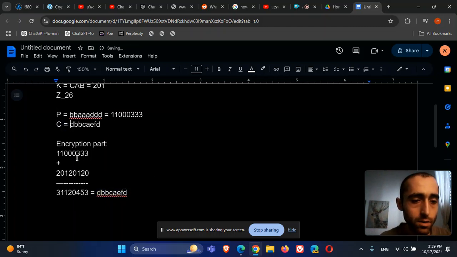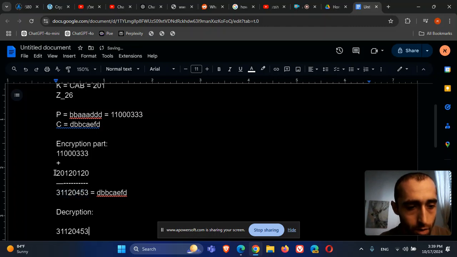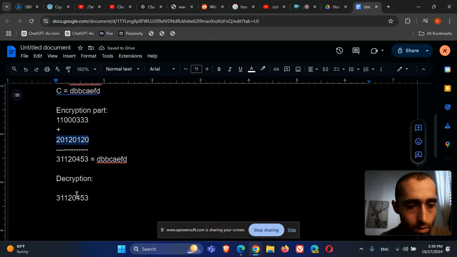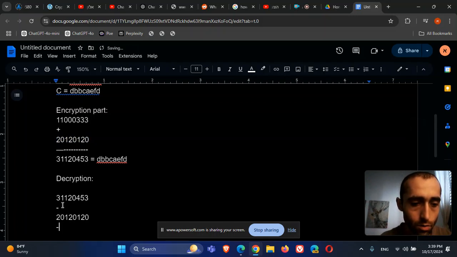I encrypted it. Now the decryption part is very similar, but now instead of using the key to add, I am subtracting. So I take again the value of this, subtract from it this. Now it will be subtraction, and getting the result, which will be the plain text.